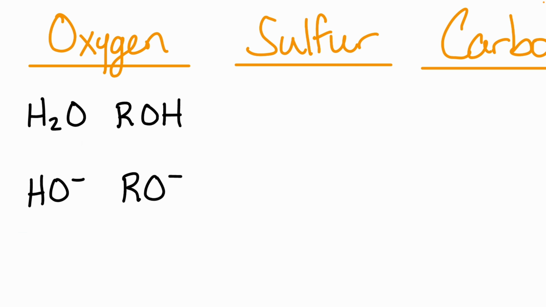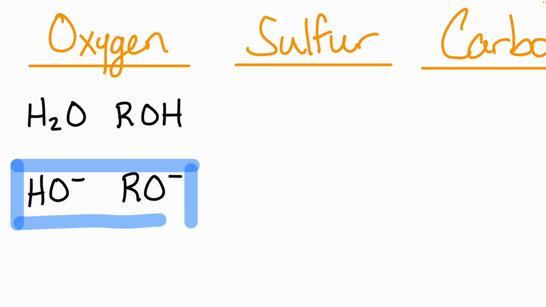All right, out of my different oxygen nucleophiles, which of these are acidic condition nucleophiles and which are basic condition nucleophiles? These ones you said were basic. How do we tell? That negative charge. So these ones I'm going to put in blue. These are my basic ones.